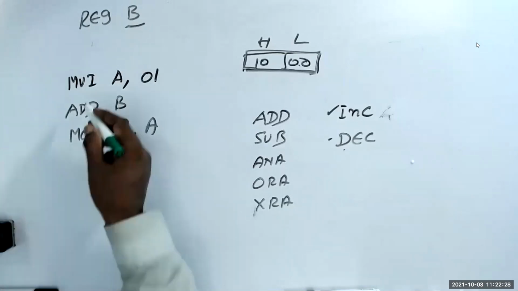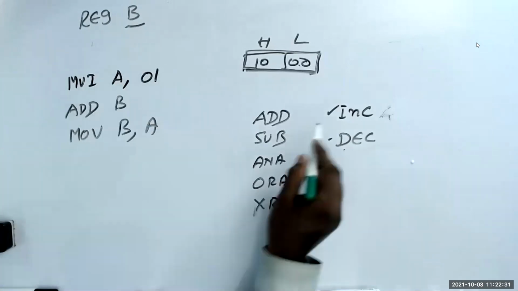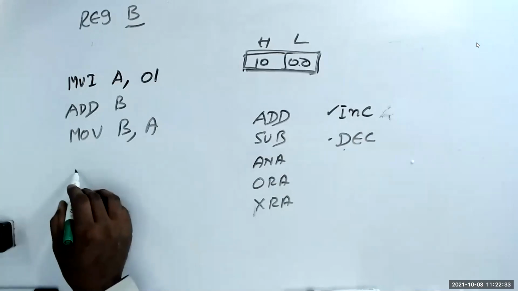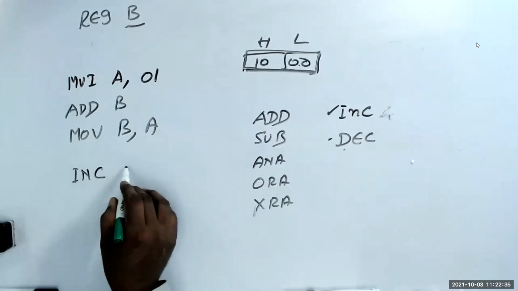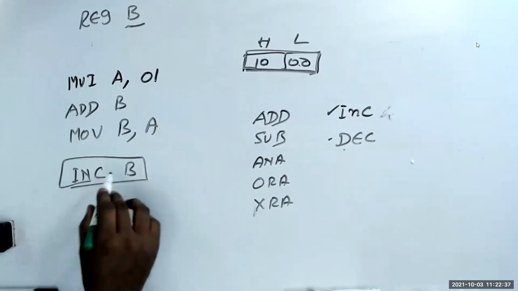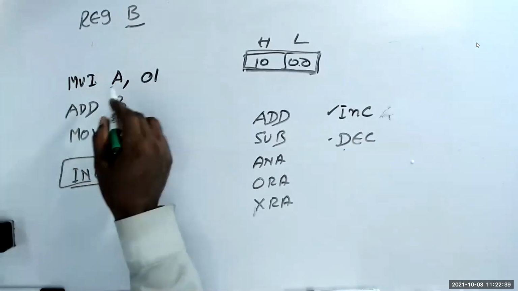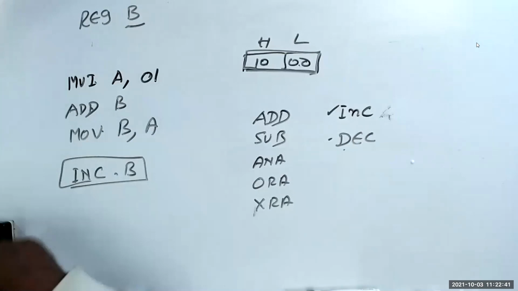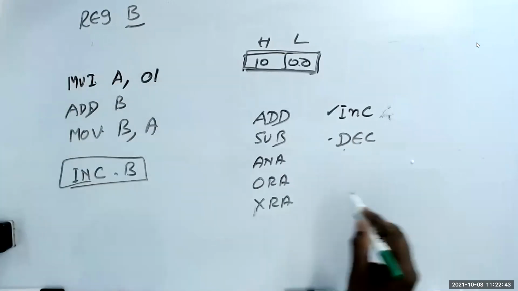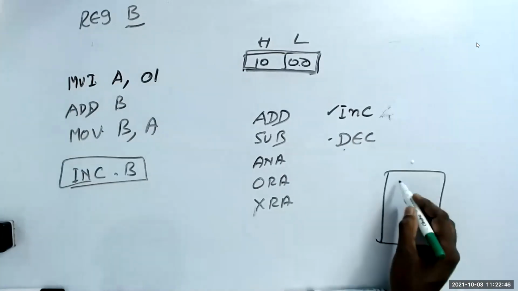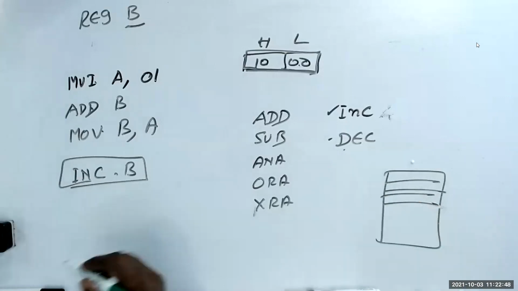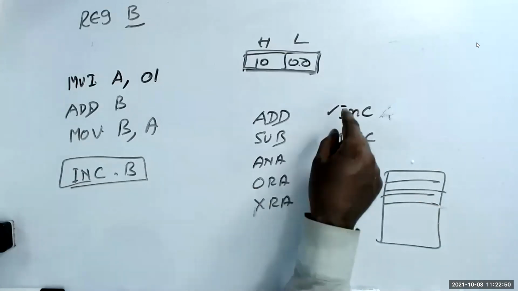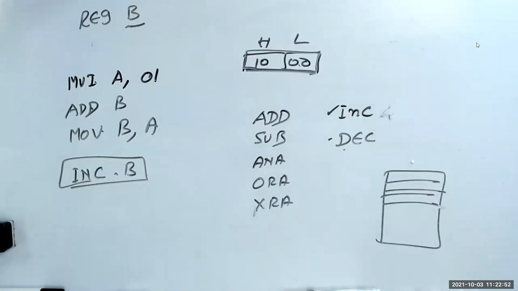I have to do this. Whereas in this case, if I say increment B, done, it is 1 byte. Here it is 1, 2, 3, 4. I have to take 4 instructions from memory and then execute. This type of instruction will save your time.